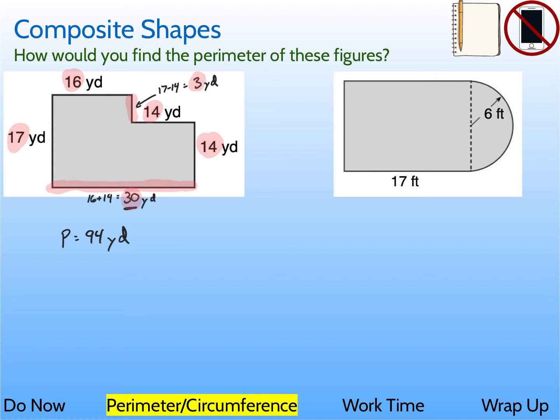Now, over here, let's look at this diagram on the right. We can already see that the 17 is here. That's helpful. And we can pretty easily figure out that this is 17 feet up here. Now the question becomes, how long is this? Since the radius of this circle is 6 feet, and that's also a radius of 6, and that's also a radius of 6, you can do 6 plus 6 to get this whole thing right here, which would be, of course, 12 feet.